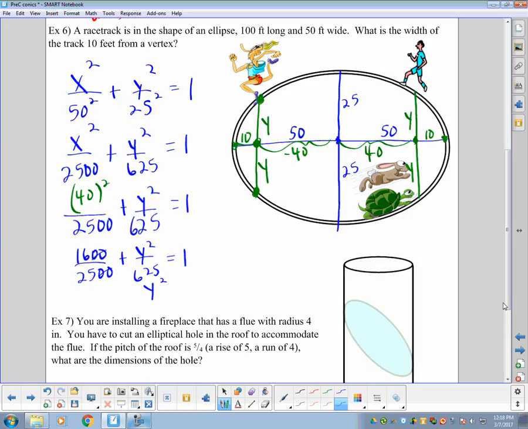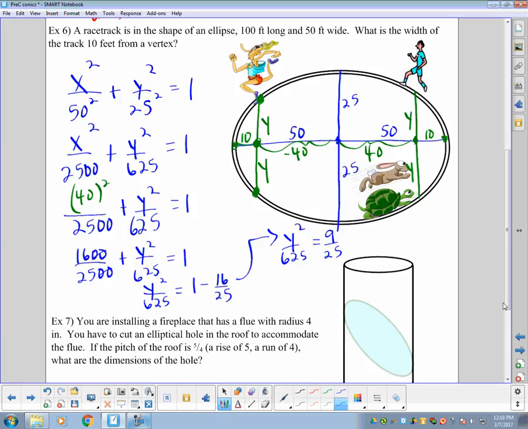So it's y squared over 625 equals 1 minus 16 over 25. And we'll draw an arrow here. 1 minus 16 over 25. What's 1 whole minus 16 25ths going to equal? 9 25ths, yeah.